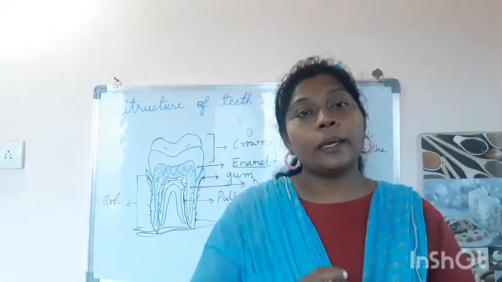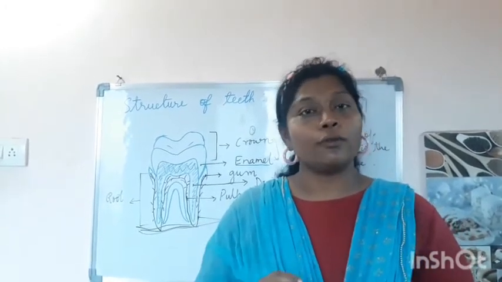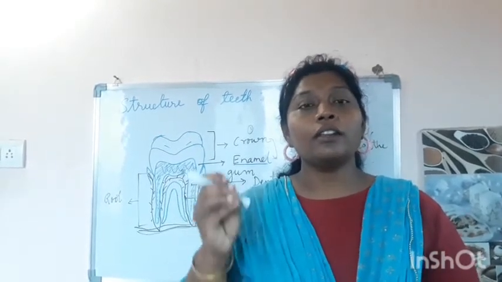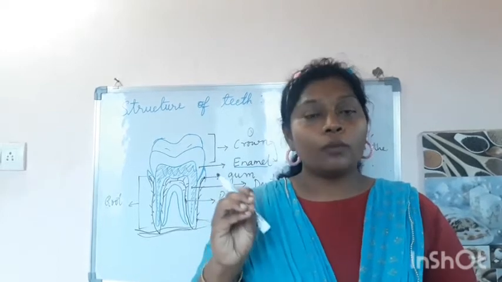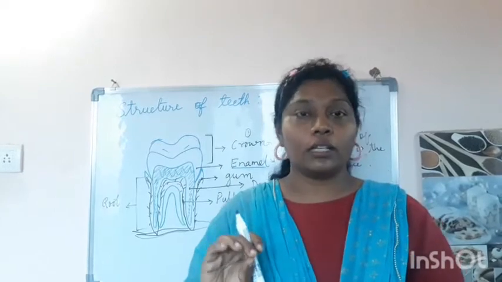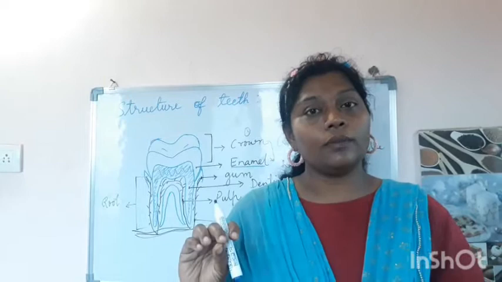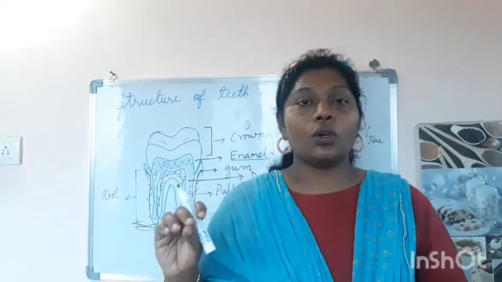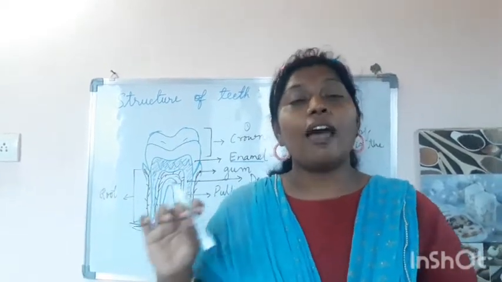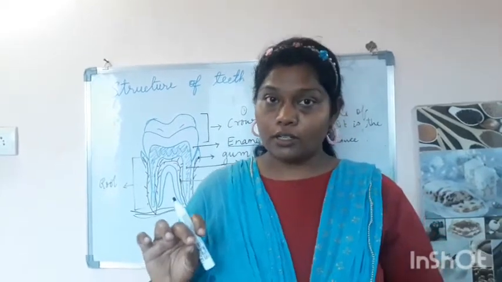If you see a baby, the baby cannot eat hard food material, so they are fed very soft food, mostly milk and other very soft food. Even older people cannot eat very hard food, because after reaching a certain age we have the problem of teeth falling off.